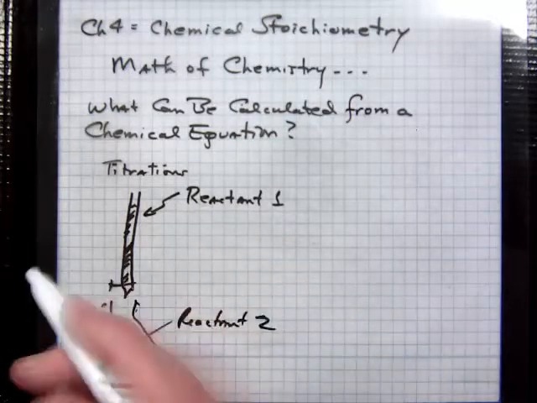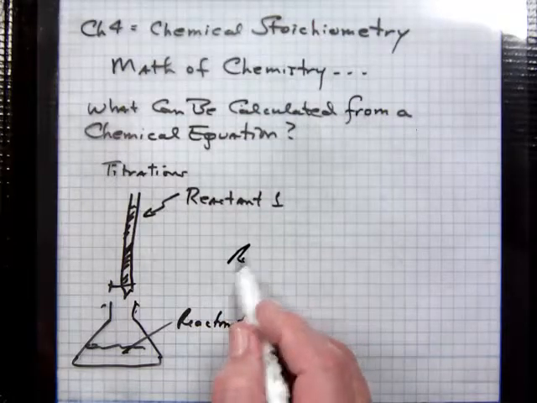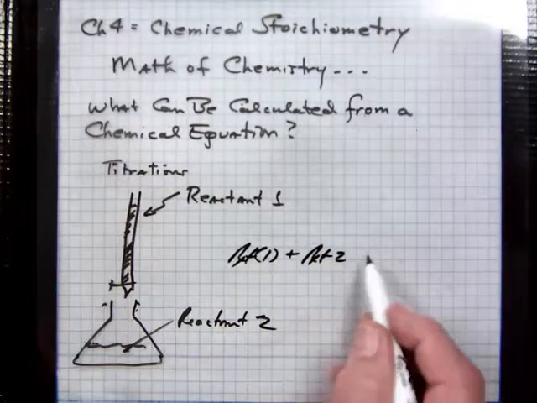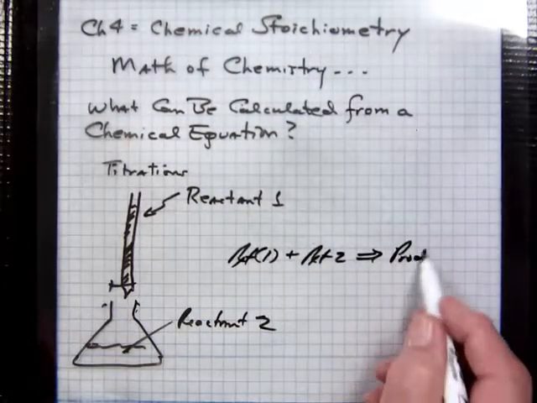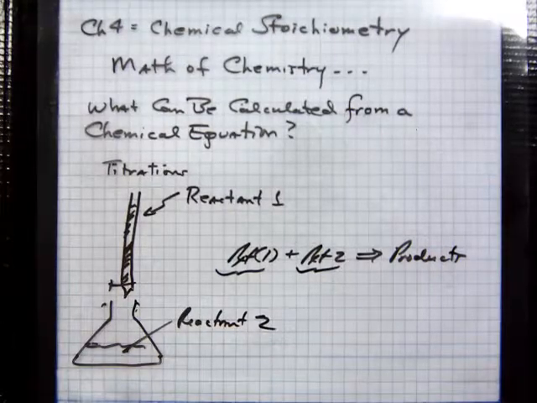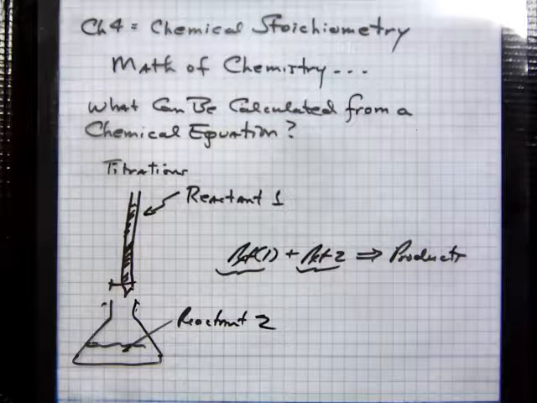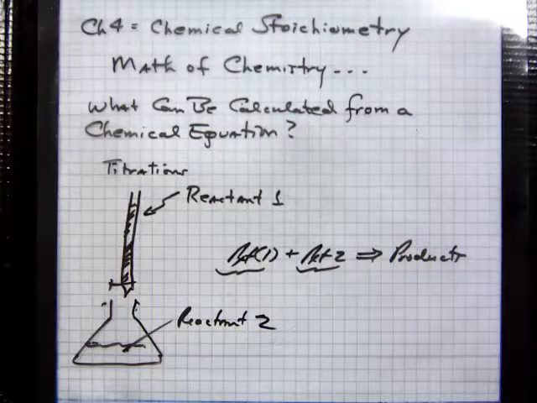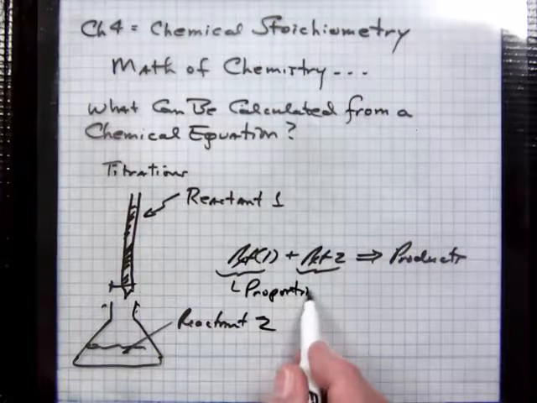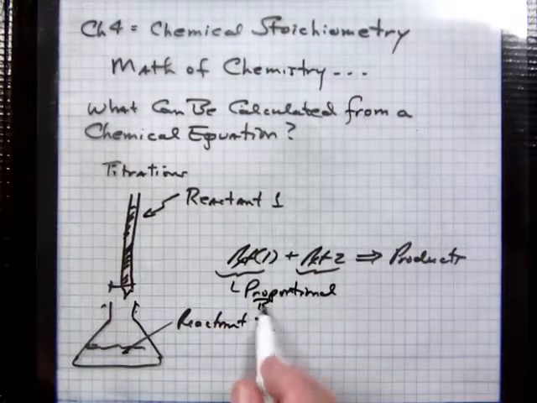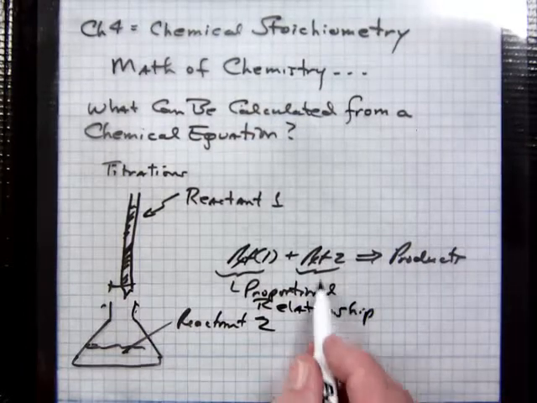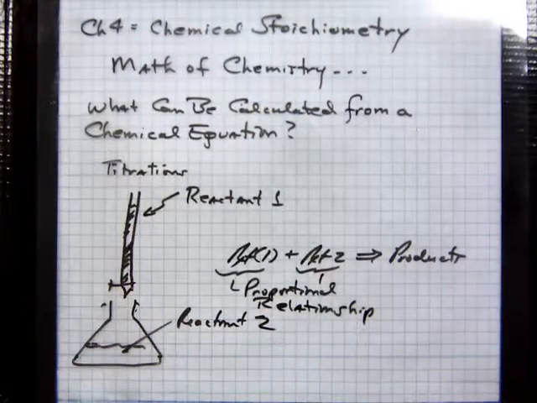But the idea is, reactant 1 plus reactant 2 will go to products. And there is a mathematical relationship between these, and the nature is a proportional relationship between reactant 1 and reactant 2.